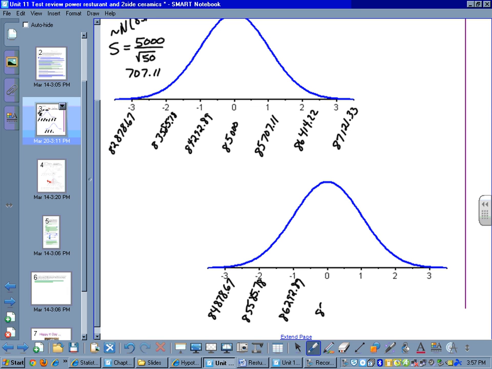This is my 87,000. And then I have 87,707.11, 88,414.22, and finally 89,121.33. So I have my X scales and my Z scales all labeled. And I'm actually now finally ready to start the problem.